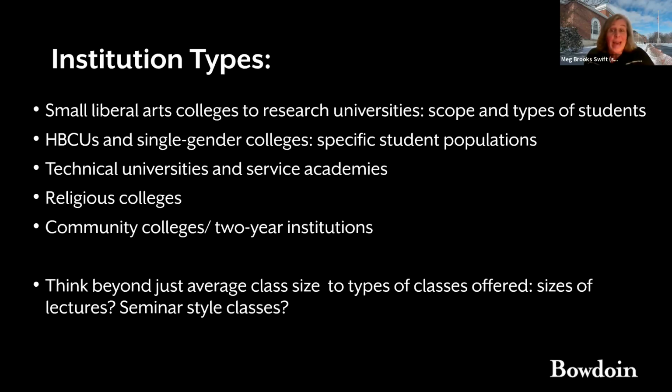And yes, you can apply to different types, but it's important that your student understand the wide variety of offerings out there. Within these different institutions, one other element to consider is a type of class where they think they'd thrive. Look beyond the average class size to understand whether a school offers mostly lecture style classes, seminar style classes, labs, etc.